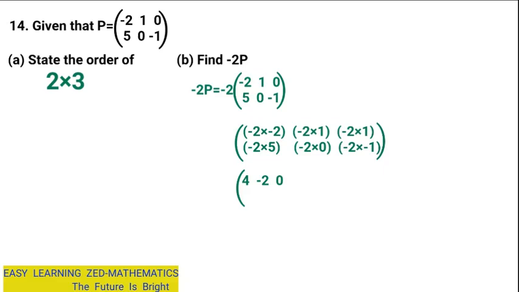Now I come down, -2 by 5 will give me -10, then -2 by 0 will give me 0, then -2 by -1 will give me +2, and that is the final matrix. So that is the value of negative 2p. Okay, so there was supposed to be 0 there in brackets. I've changed it. It was 1, now it is negative 2 by 0. And there I left state the order of matrix P, or state the order of P. So that is how you solve these questions.